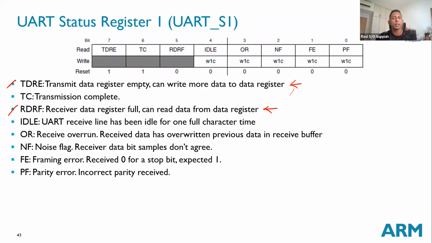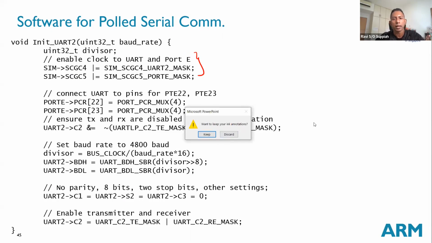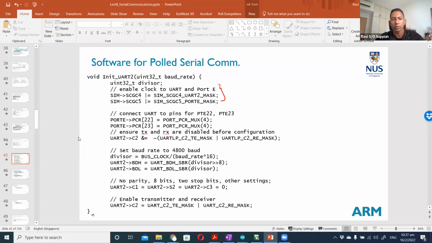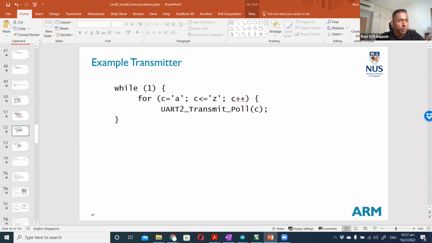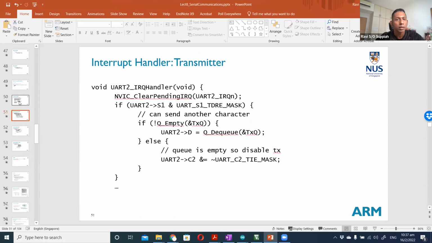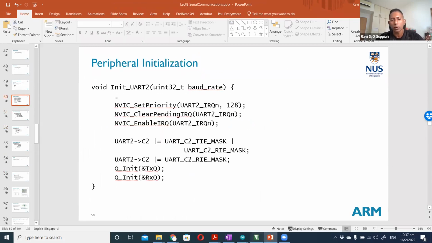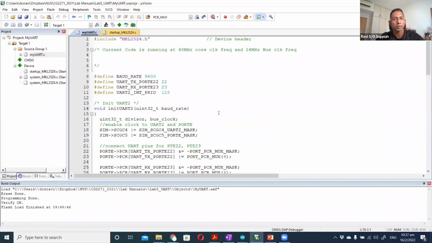We will look at that when we are examining the sample code. What I will do is move over to the code directly, so we can see how it works over here.